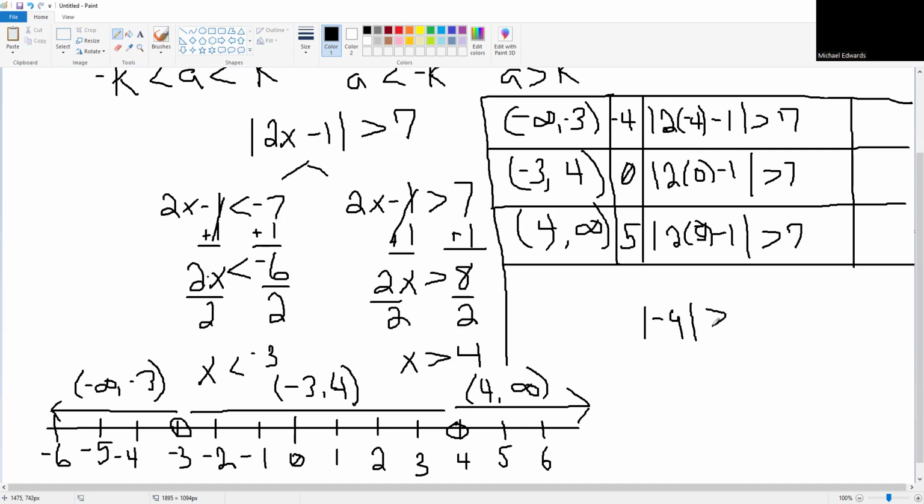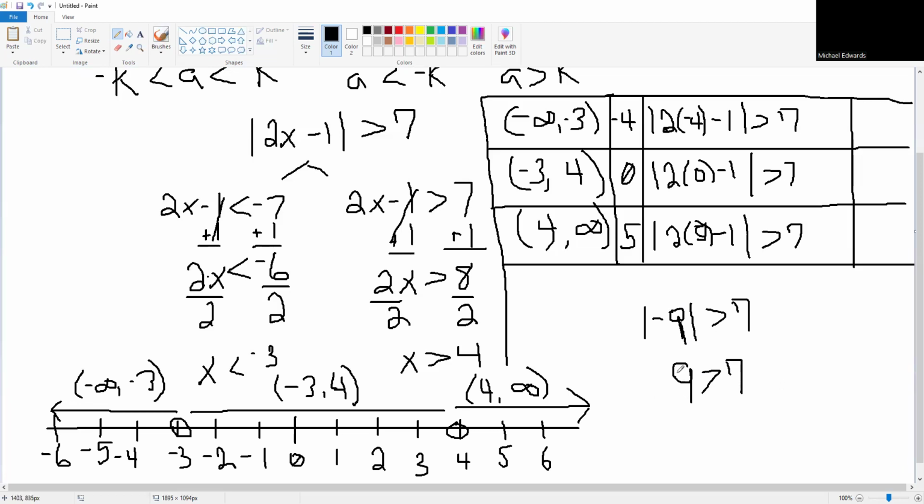But we forgot something. We still have this absolute value here. The absolute value of -9, or the absolute value of any negative number, is the positive of that number. You should have known that from before, but there you go.